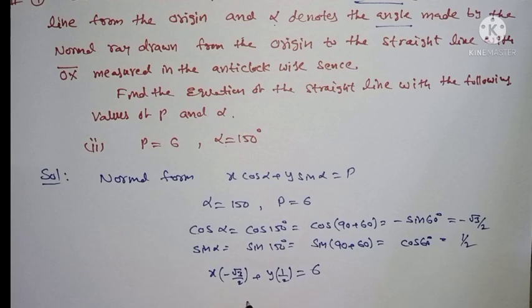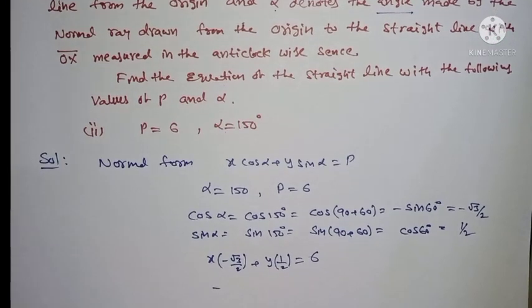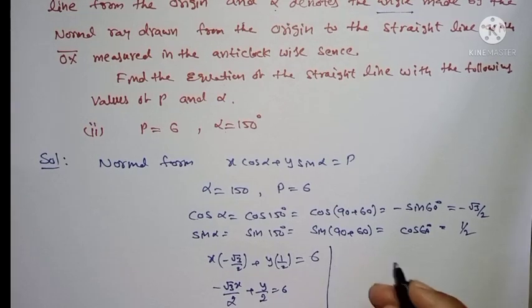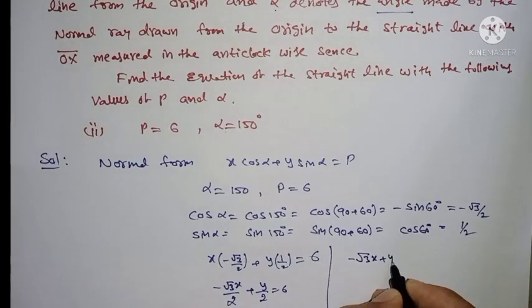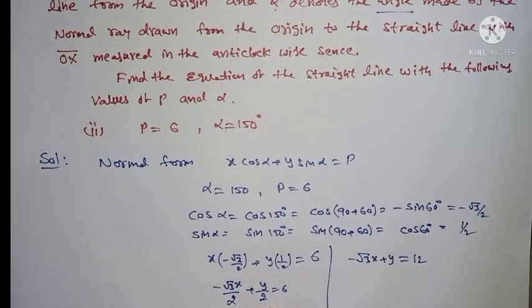This can be written as minus root 3x by 2 plus y by 2 is equal to 6, or I can write here minus root 3x plus y is equal to 12, because the denominator is 2, therefore you can take the 2 across. 2 into 6 is 12 only.